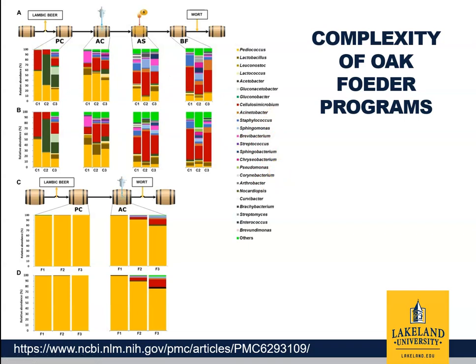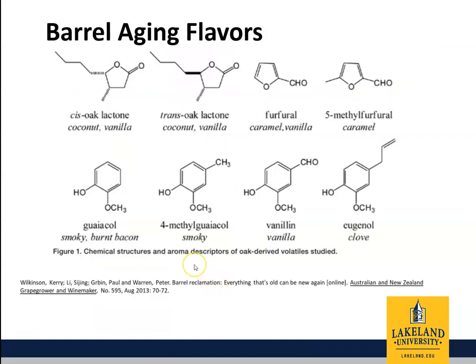And typically, barrel aging develops a lot of really good beers, but again, you have to like that style. Some of these barrel aging flavors might be coconut, vanilla, caramel, clove, smoky flavors, maybe smoky bacon flavors. It really depends on the type. If you're making a porter, maybe you want some more of these burnt smoky flavors.